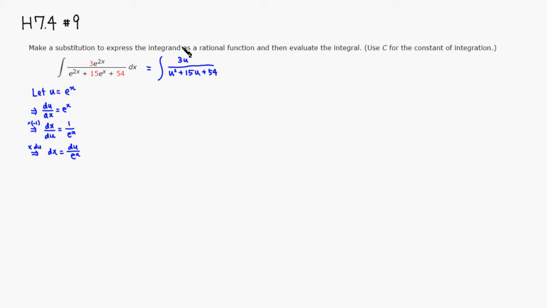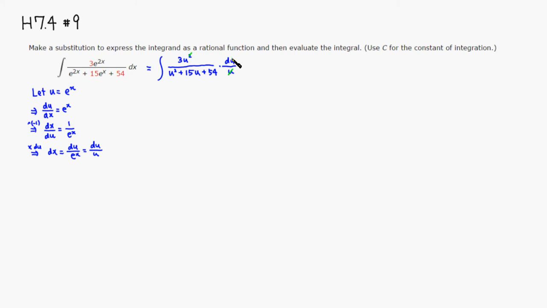And for dx, I want to do one more step: since e to the x is u, I want to write it as du over u. So we have du over u. So you can at least cancel the square here with one of the u's down here.